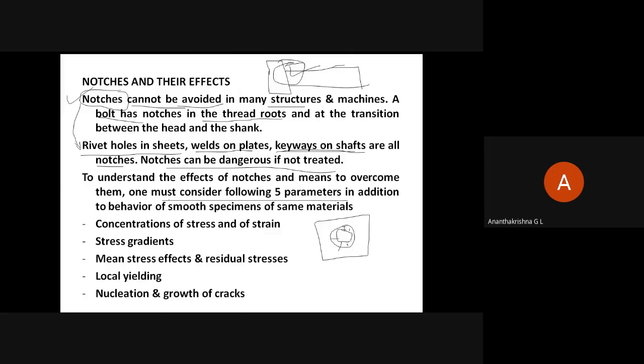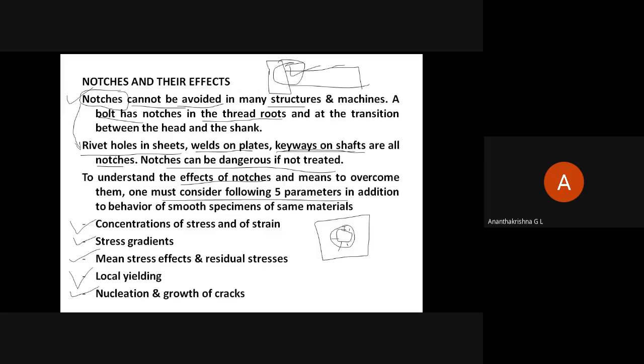What are those five parameters? One is concentrations of stress and strain. Second is stress gradients, mean stress effects and residual stresses, local yielding, and nucleation and growth of cracks. These are the five parameters one must consider to overcome the effects of notches.